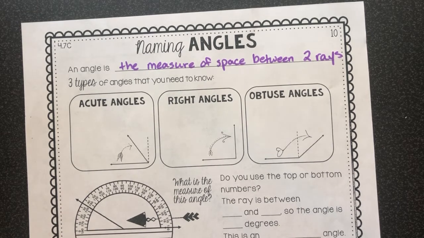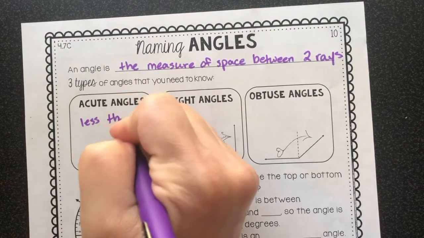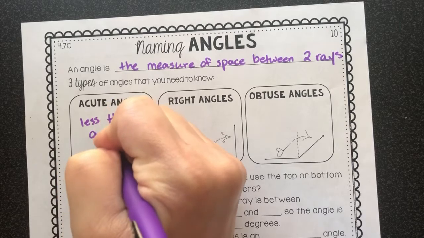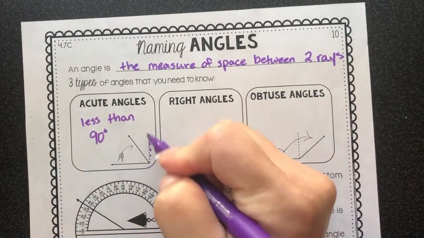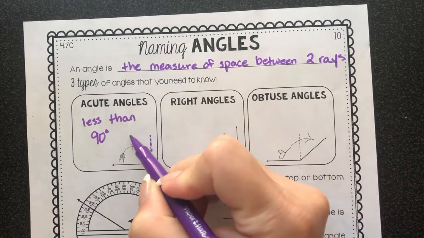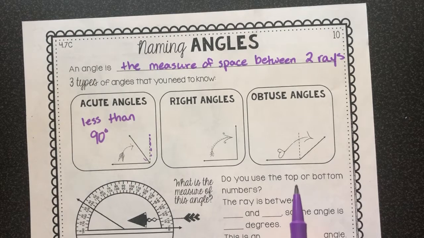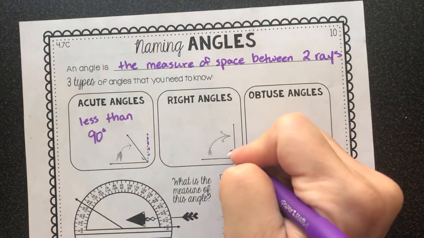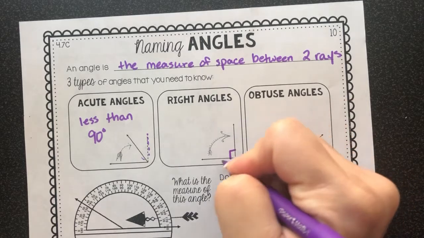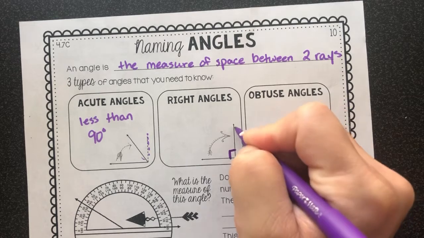An acute angle is less than 90 degrees. So they've used this dotted line to show you what 90 degrees is. And the ray that they're using, you can see, is closed less than 90 degrees. A right angle is just right. That's the one that makes like a chair, where you can make the square in the center.